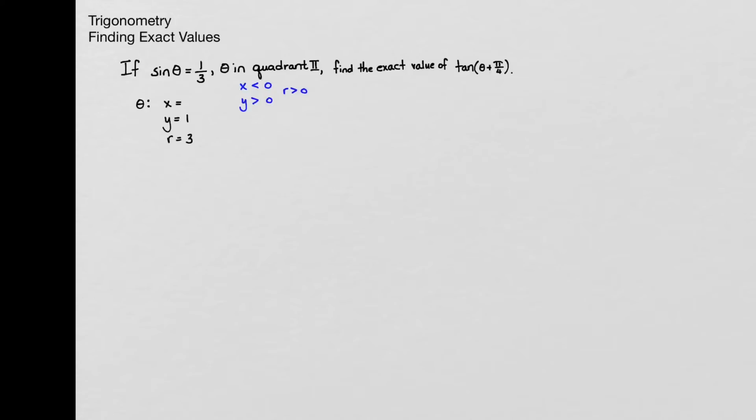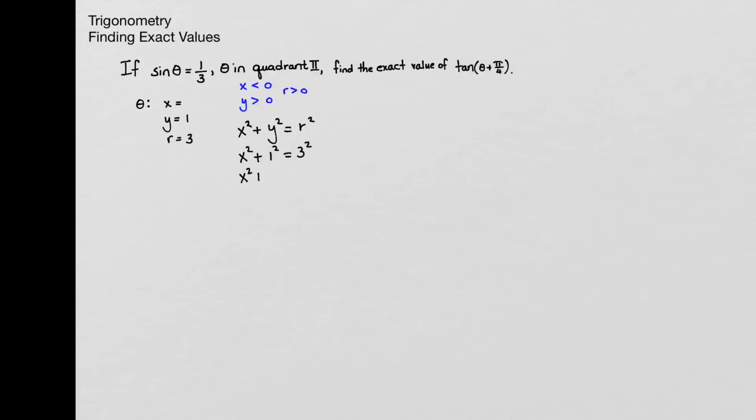And I can do that by saying x squared plus y squared equals r squared. All right? Well, x I don't know, so it stays x squared. Y is 1, and r is 3.